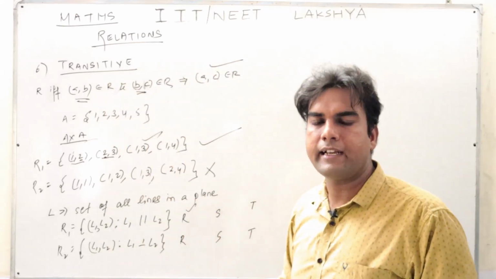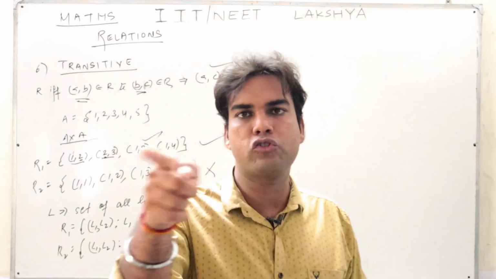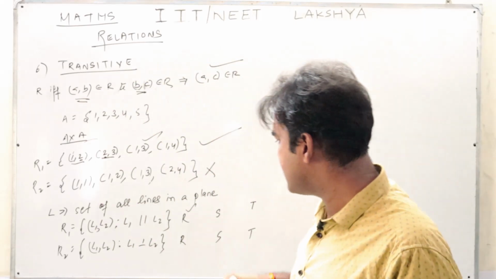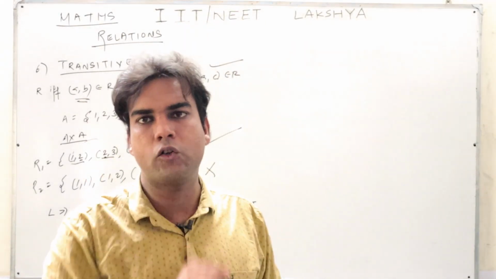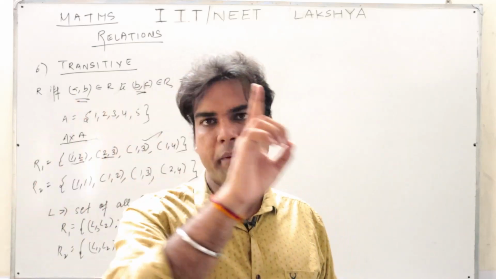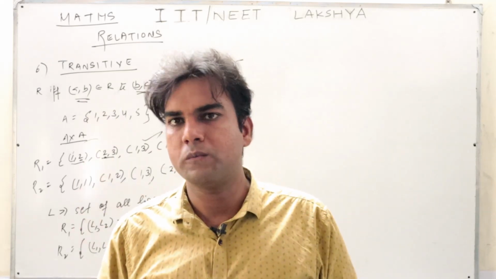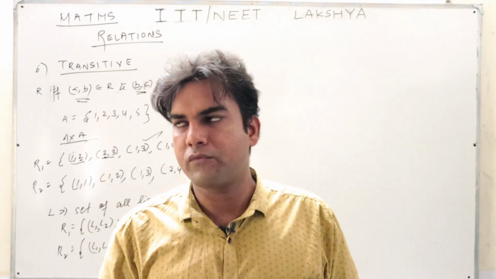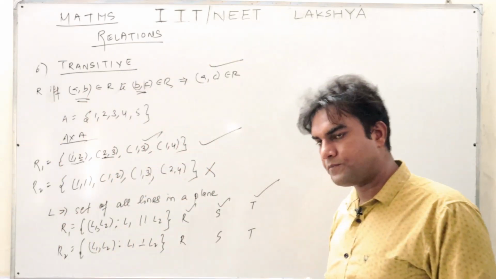What about symmetric? If L1 is parallel to L2, then L2 is also parallel to L1, so it is symmetric also. What about transitive? If L1 is parallel to L2 and L2 is parallel to L3, then L1 is also parallel to L3. So it is also transitive.